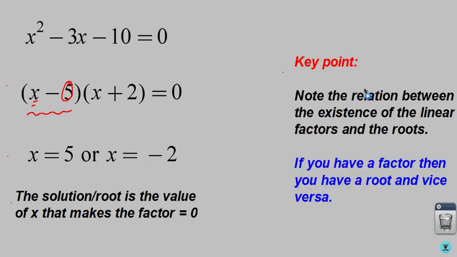A key point is that you need to note the relation between the existence of a linear factor and the roots. Here we have a root, a solution, and here we have a factor, and there is a connection between the two. If there is a factor, there is a root. If there is a root, there is a factor. This correspondence must be clear at all times.